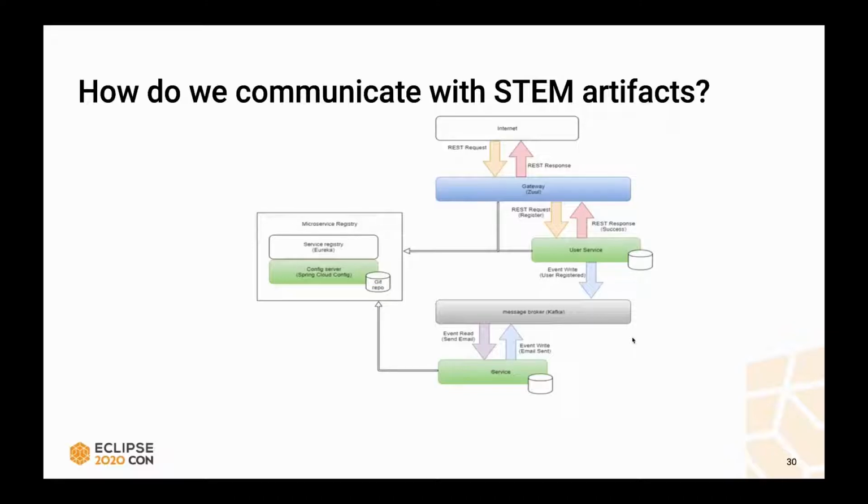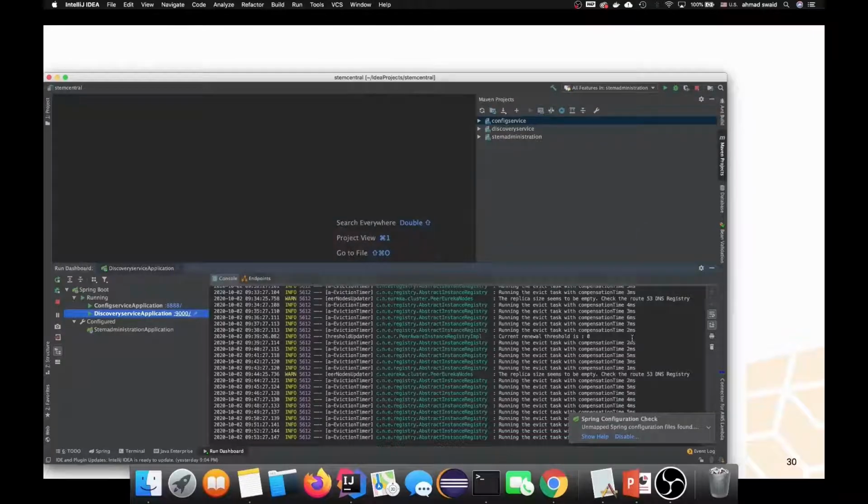Now let's move and show the solution in the development environment. Here you can see that I have started two central components, the config server, which is managing the configuration which is stored on GitLab.